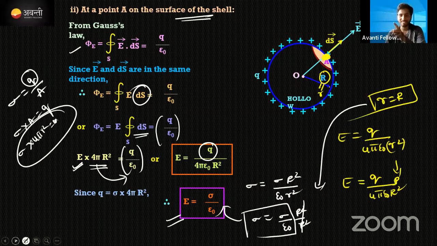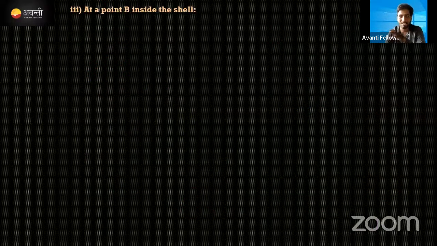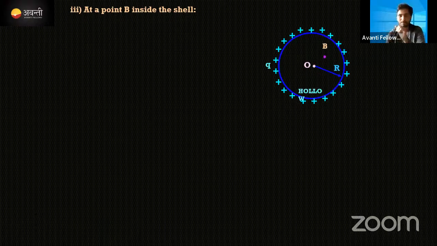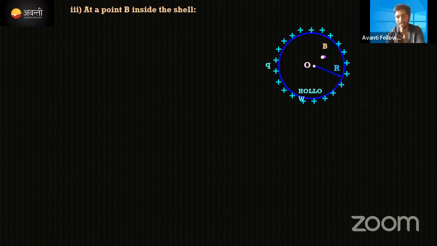Okay, for the last point I will take the answer from your end itself. Look here, the last point: at the point B inside the shell. Suppose this is point B. At this point we have to find out the electric field intensity.